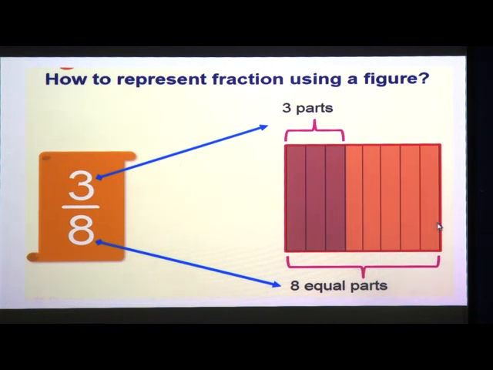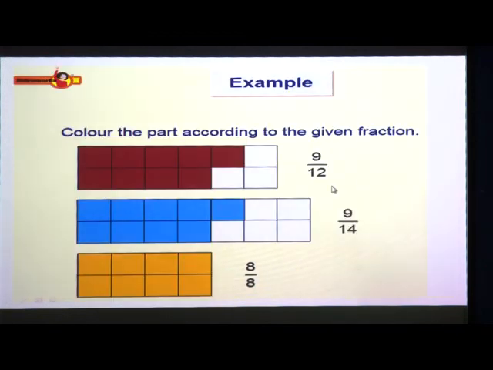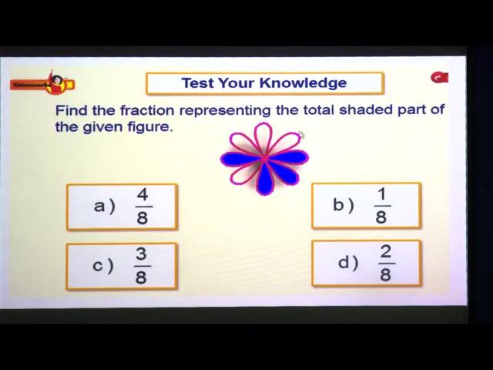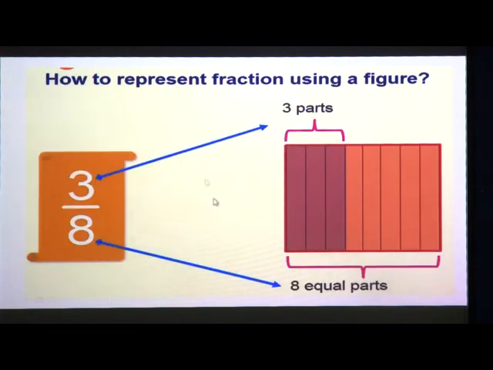Now, we have just seen that when the figure is given, we can find the fraction: in the numerator we have the shaded region and in the denominator we have the total number of equal parts. Now, in this question we have the fraction.